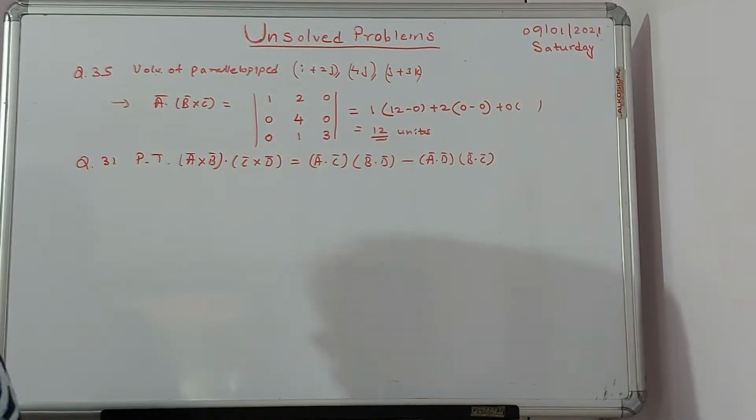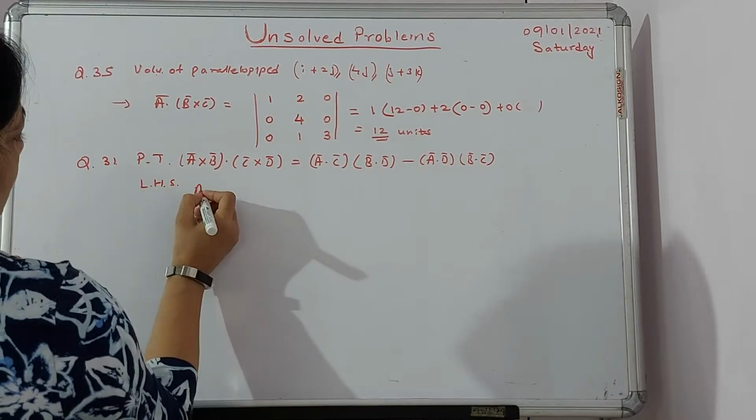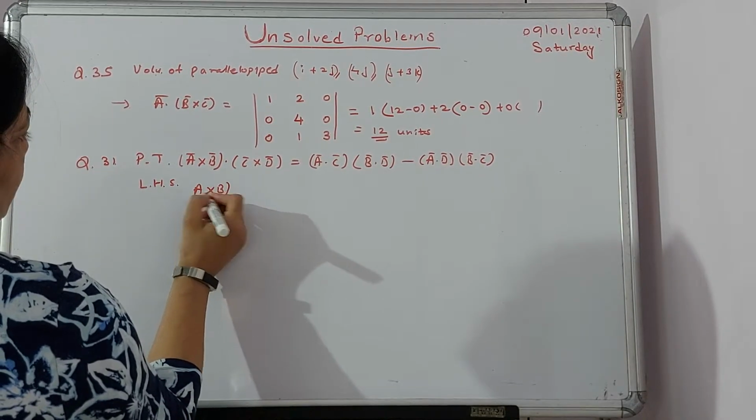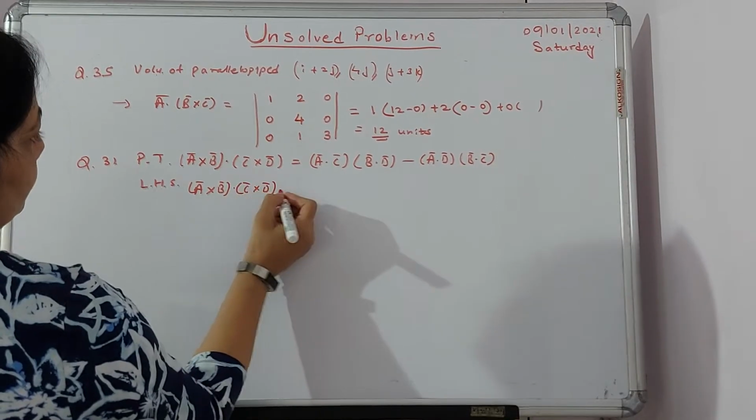So in doing this, we'll consider first the LHS. What is the LHS? A cross B dot C cross D.